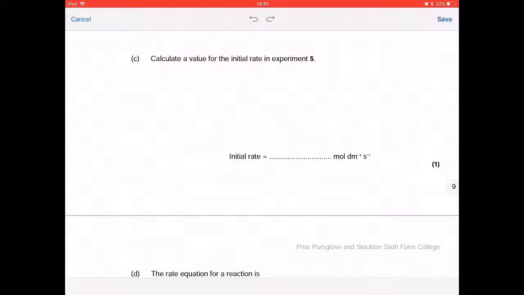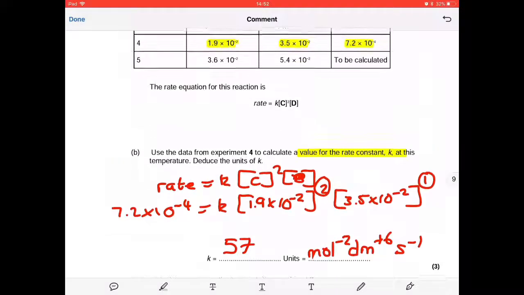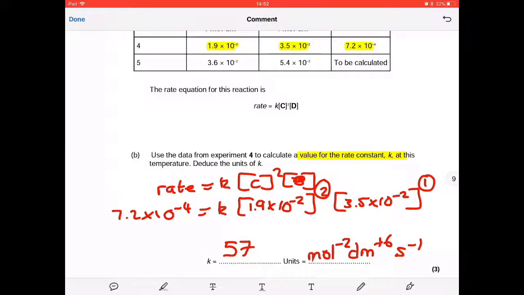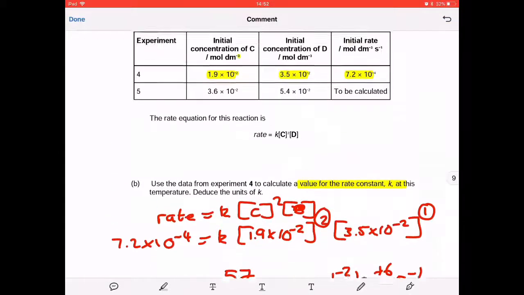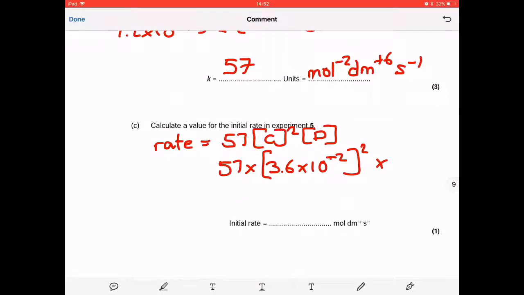Second part, we then have to use that rate constant that we've just derived in the first step in order to calculate the missing rate value. So again, we know that rate equals, and now it's 57 C squared D at that temperature. So we're going to input the values of C and D from experiment 5. We know that C is 3.6 times 10 to the minus 2, so 57 times 3.6 times 10 to the minus 2, squared, multiplied by our value for D, which is 5.4 times 10 to the minus 2.